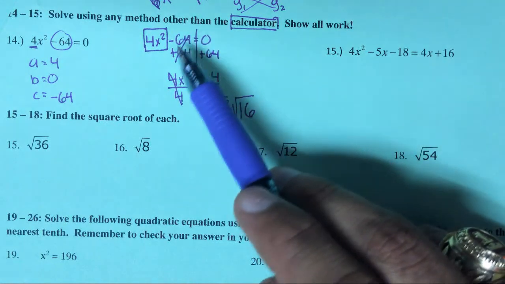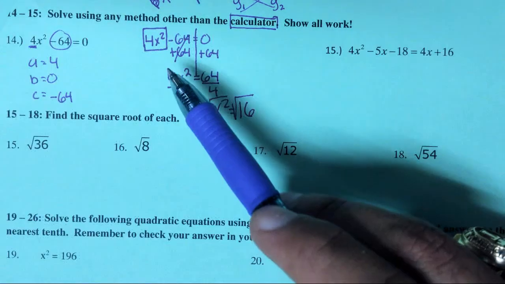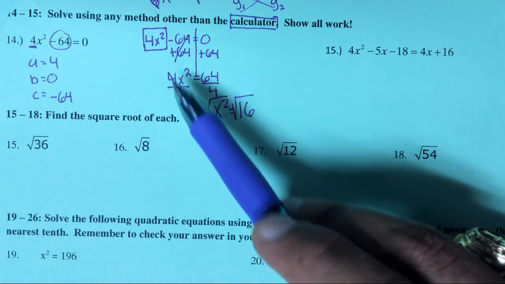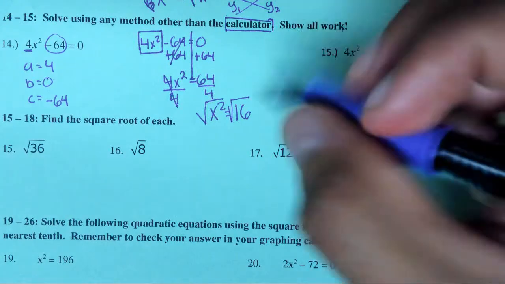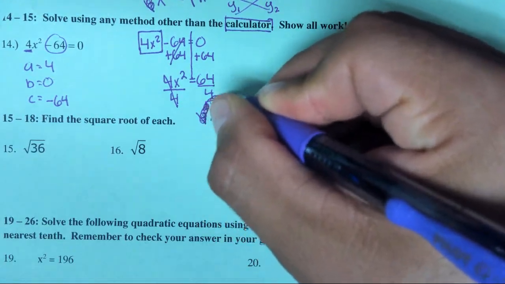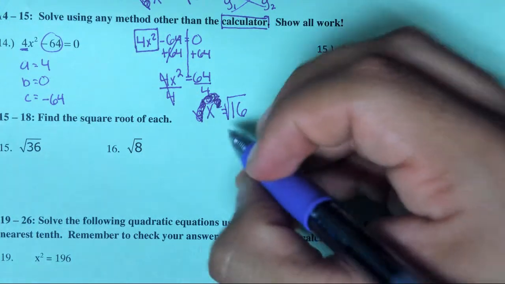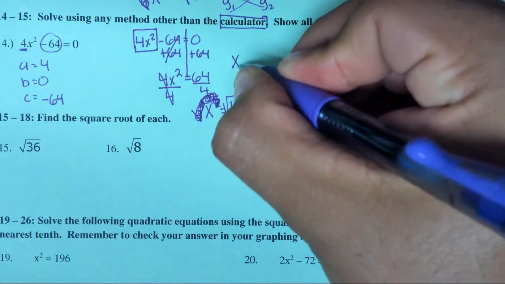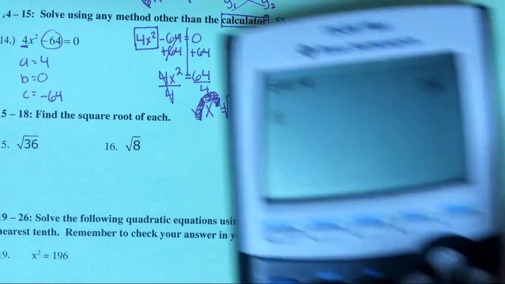Just like we did up here with the plus and the minus, they undid each other, so they both went away. And same thing here with the 4 divided by 4, they undid each other and they went away. Here, if we take the square root of both sides, the squared and the square root undo each other, and we're left with just the x. So our final answer here is going to be x equals, and then you just have to type this into your calculator.